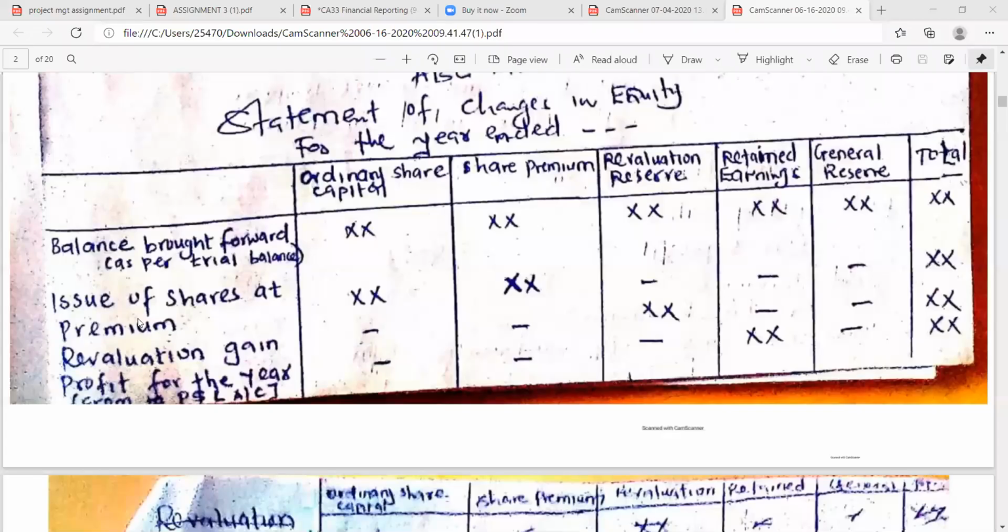There was no issue of shares, but there was a bonus issue. So that one we can record. Then after that we talk about revaluation gain. So I can talk about the bonus.